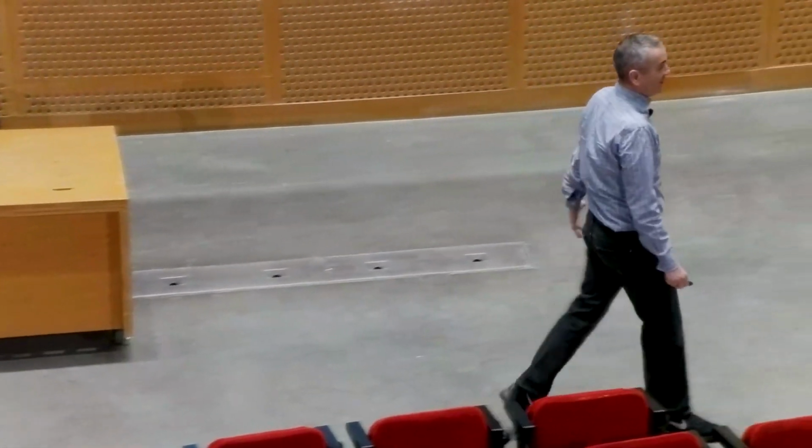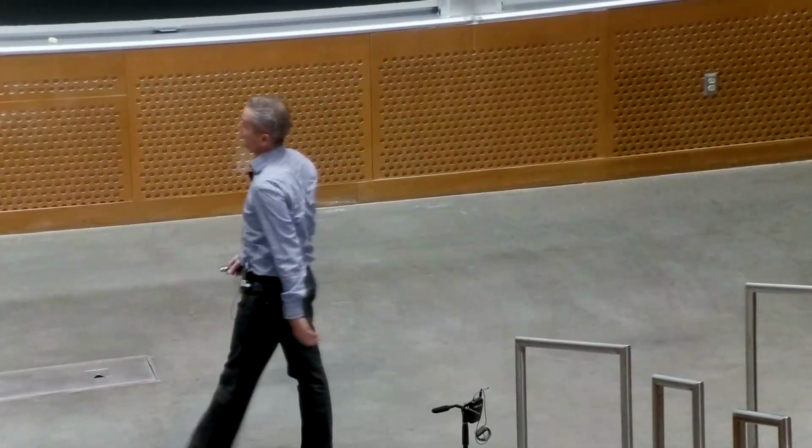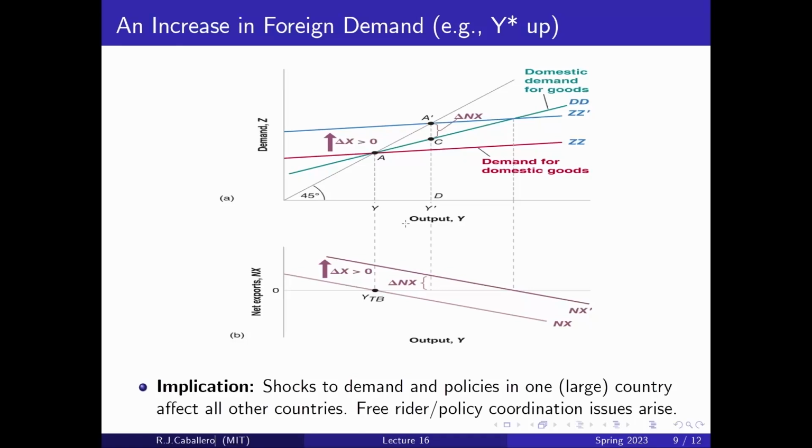Not a little better, it can look a lot better. There are two things, but one is in this diagram, which is, remember, if I did government expenditure, the net export function wouldn't have moved, and I would have ended up with higher output and a bigger trade deficit, okay?